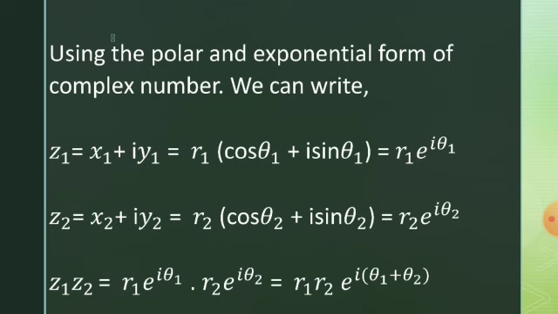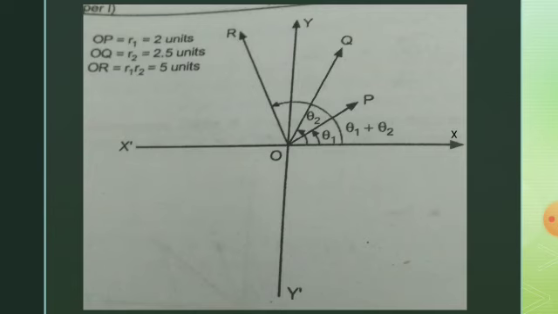Now their product, that means z1 into z2, is equal to r1 e raised to i theta 1 into r2 e raised to i theta 2, equal to r1 r2 into e raised to i (theta 1 plus theta 2).